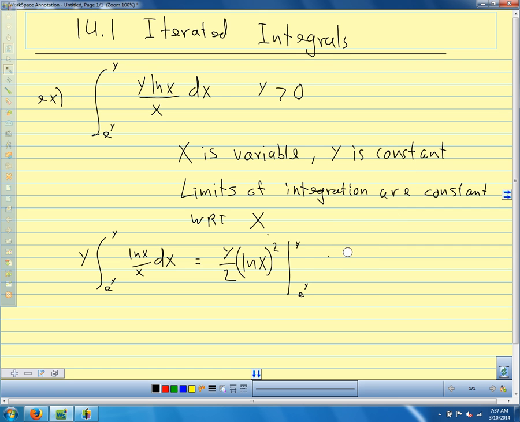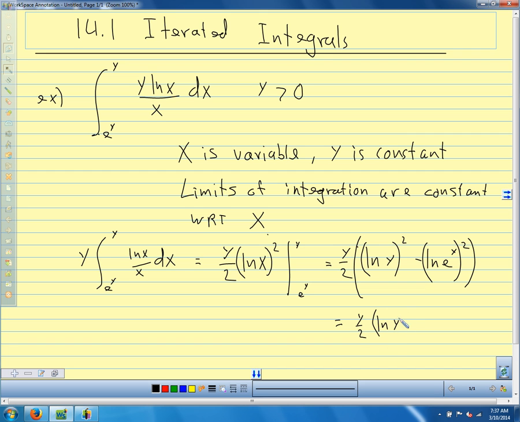All right, so then we plug in our limits of integration. So this is y over 2, natural log of y squared, minus natural log of e to the y squared. And we simplify this to just y over 2.